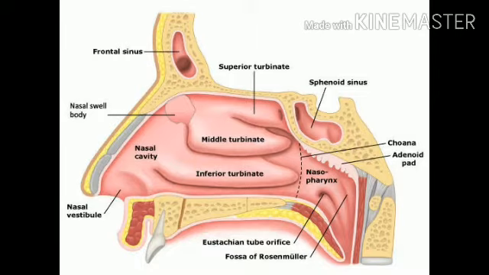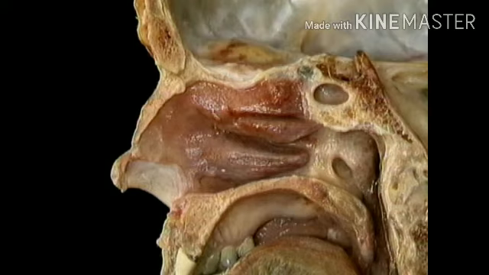The posterior nasal aperture is otherwise called the choana, and it is continuous with the nasopharynx. The lateral wall of the nasal cavity contains shelf-like projections called the nasal conchae. The superior and middle conchae are part of the ethmoid bone.